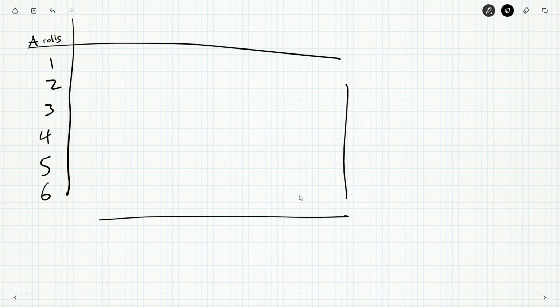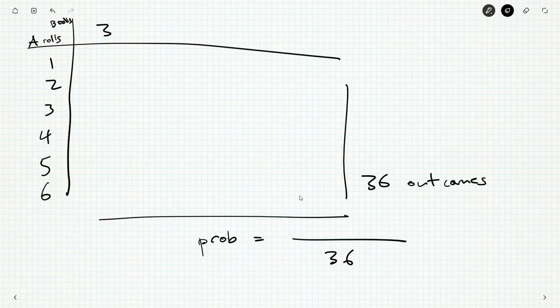By the way, we'll point out there's 36 outcomes, and so when we do our probability, it'll be something out of 36. Now up here we'll have B rolls. So B rolls a 3, a 4, a 5, a 6, a 7, or an 8. And I'm just going to put a check if B would win. So check equals B wins.